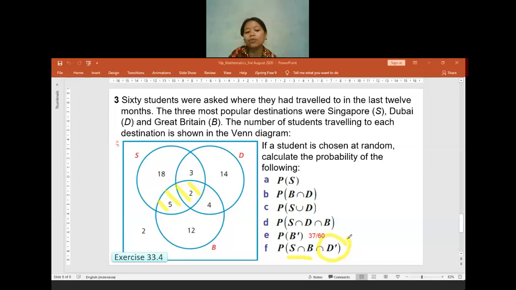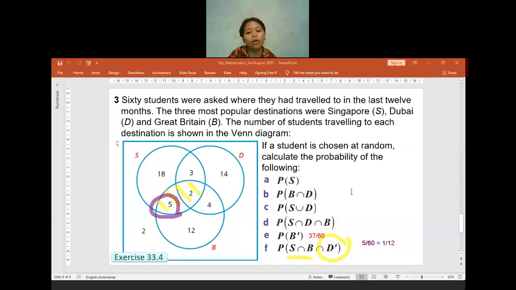D dash means I have to take the number that is outside of D. The number that is outside of D is only number 5 from the intersection between S and D, the intersection 5 and 2. But I have to take D dash, outside the D. Outside the D is only number 5. So the probability will be 5 out of 60, which is equal to 1 per 12.